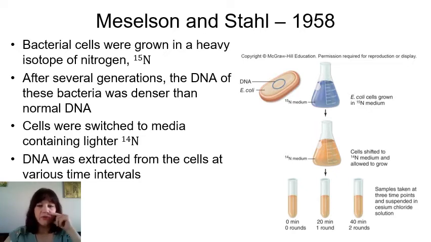Again, they grew the cells for several generations in this original medium that had nitrogen labeled with 15N. And then after all the DNA has been labeled with that, they switch the cells into a medium that has this lighter 14N. And so any newly made DNA, any copies of DNA, would be lighter in weight.